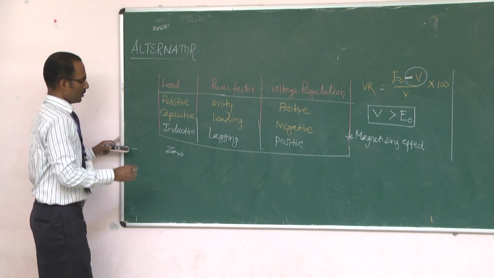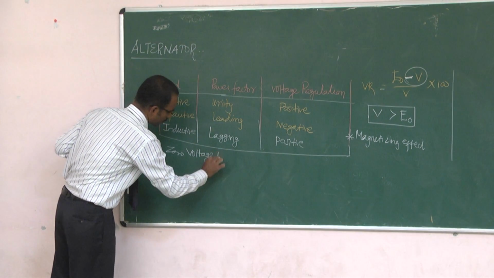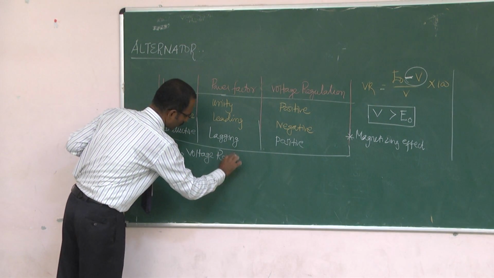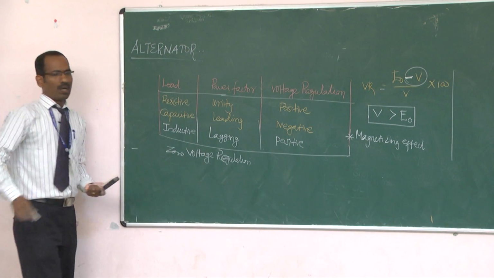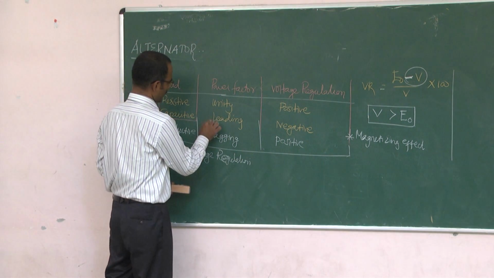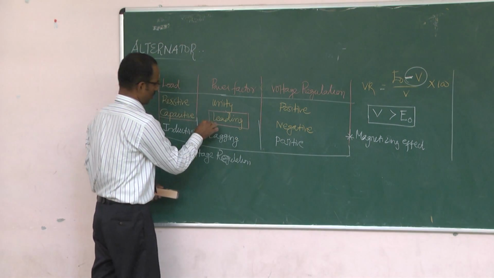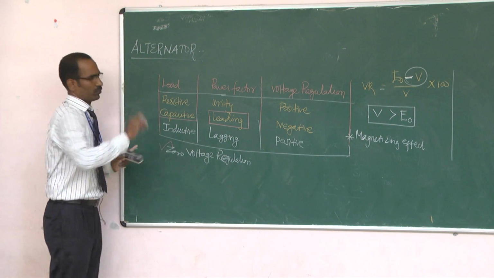When do we get zero voltage regulation? During the capacitive load, if you connect a capacitive load, for some particular leading power factor, we will get zero voltage regulation also.